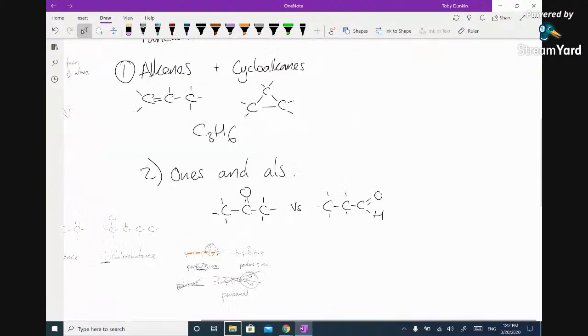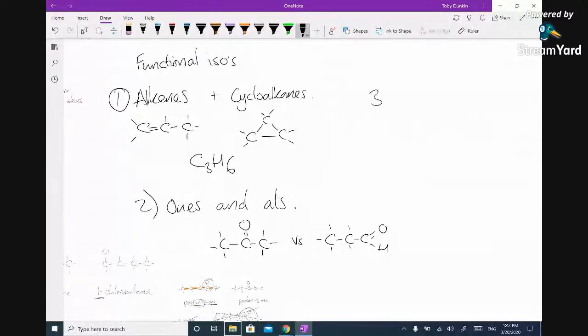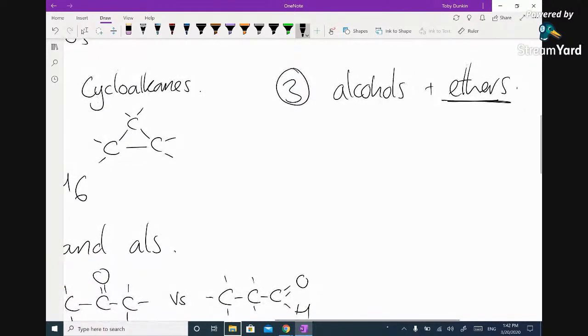The next family to know, number three, so I can zoom in over there, is alcohols and ethers. Now, this family is an old family, folks. You never need to name these. No naming, but you do need to be able to draw them.